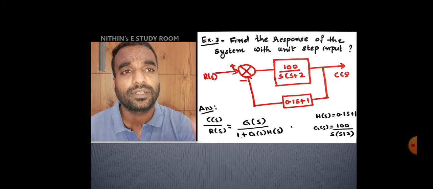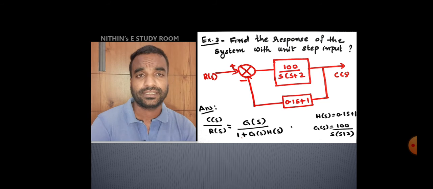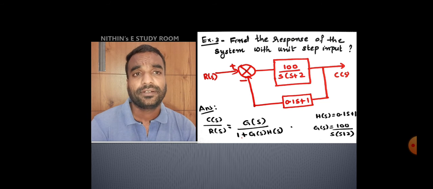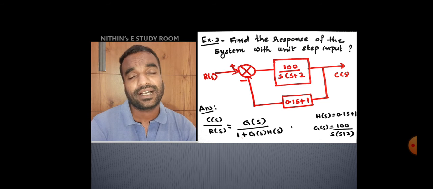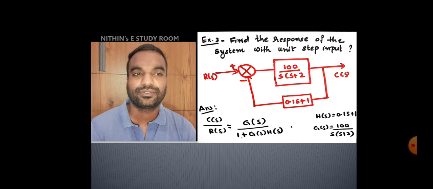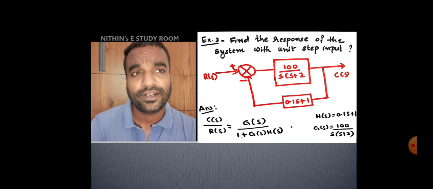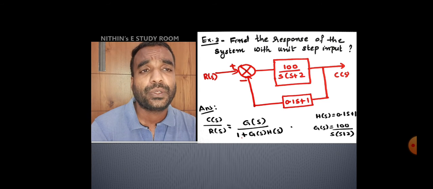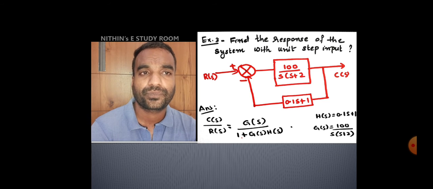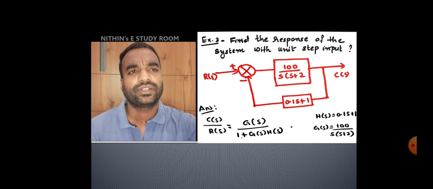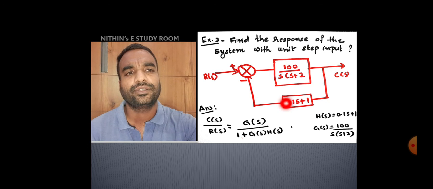Okay, so that problem is over. Now, this is the third question in the second order case. This is the third question, meaning in the last class we did one problem, and today's class first problem was example 2 and this is example 3. Find the response of the system with unit step input. R(s) is given, and you should be very specific that this is a negative feedback system.